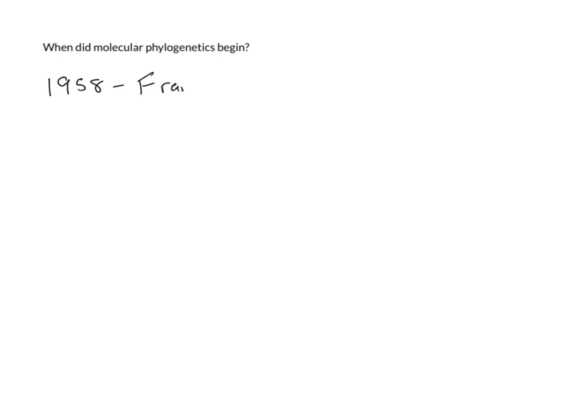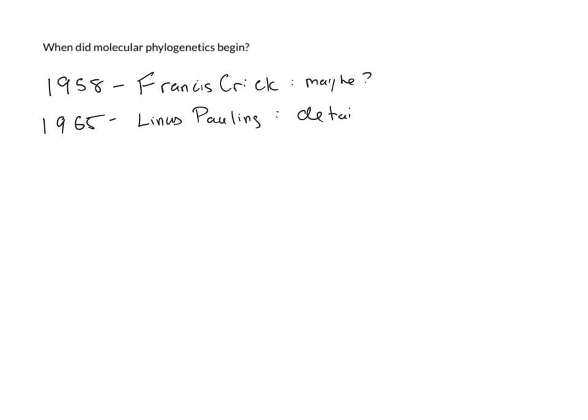So Francis Crick kind of early on postulated that molecular information might be able to be used for phylogenetic analysis. And then nearly 10 years later, Linus Pauling published a paper with more detail about how this might be done. Until 1 year later, with a paper from Eck and Dayhoff.